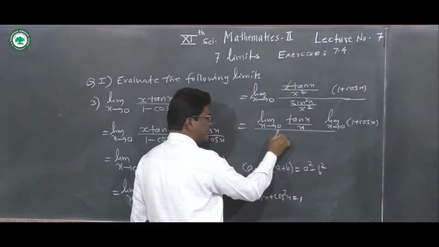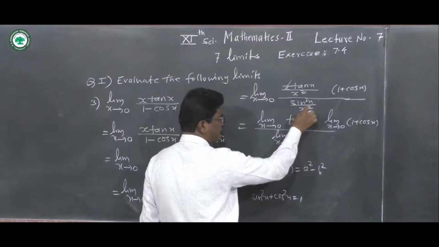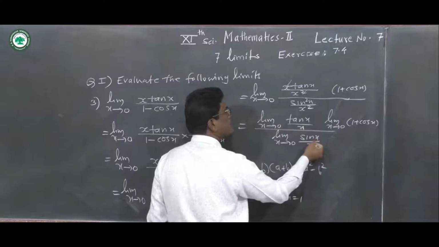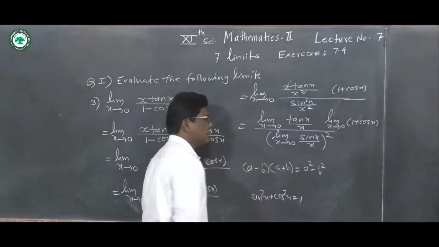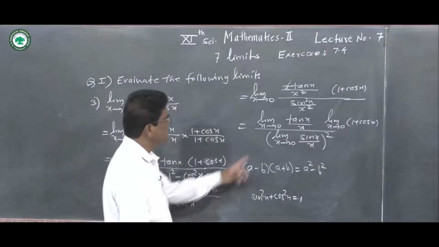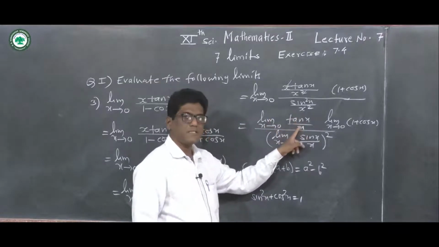And in the denominator, limit as x tends to 0 of sin square x upon x square, we write as sin x upon x in the bracket squared, and take the limit inside the bracket also. So we write like this: limit as x tends to 0 of sin x upon x, bracket square. Now these are the standard formulas. Limit x tends to 0 of tan x upon x is 1.